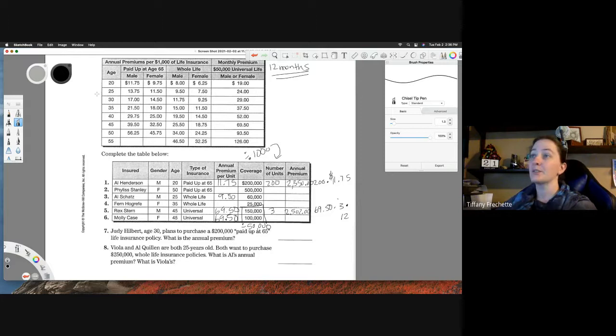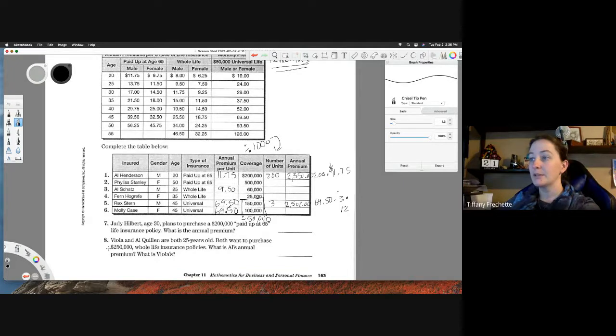So that has to do with their age and usually their gender, right? Again, this side of the column is the only one that kind of changes there. It doesn't matter male or female, it's the same amount. But the age does still matter on that one. So you always want to match it up, column and row, and then pick that amount. Down here, you're going to have two answers.